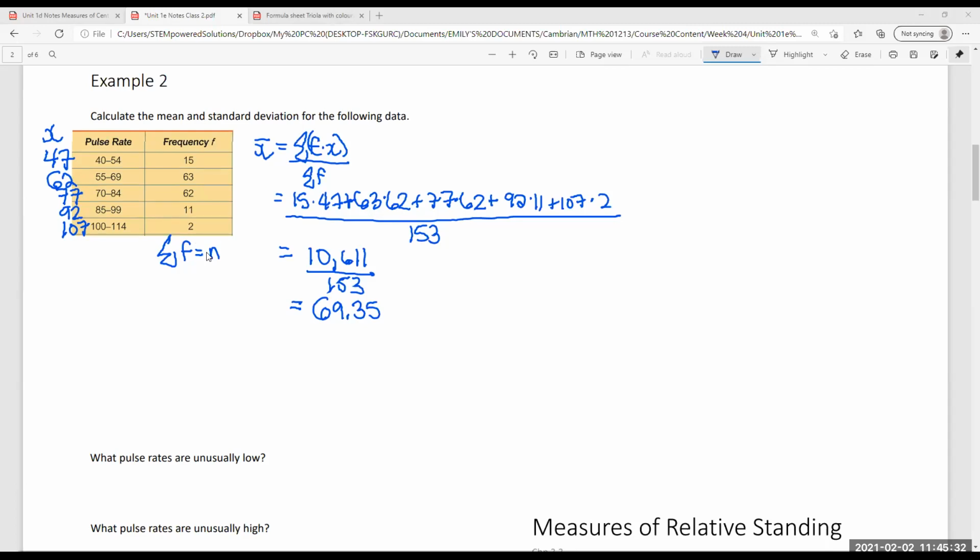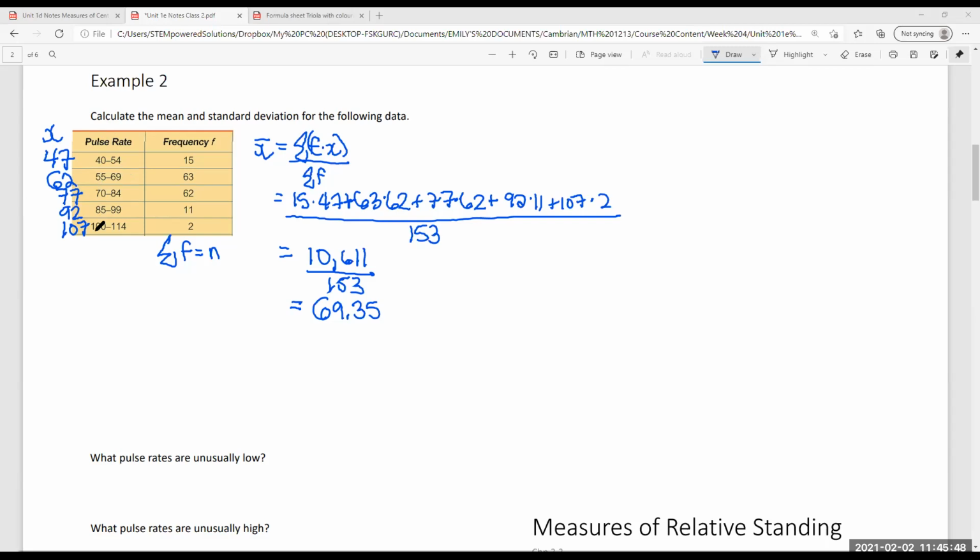Pulse rate, the lower class. The lower class is always on the left-hand side of the interval. So there's 40, there's 55, there's 70, there's 85, there's 100.